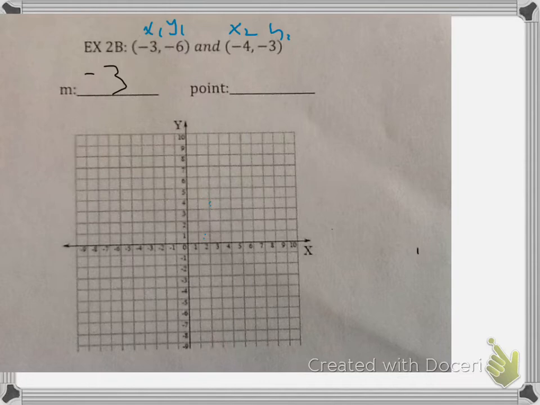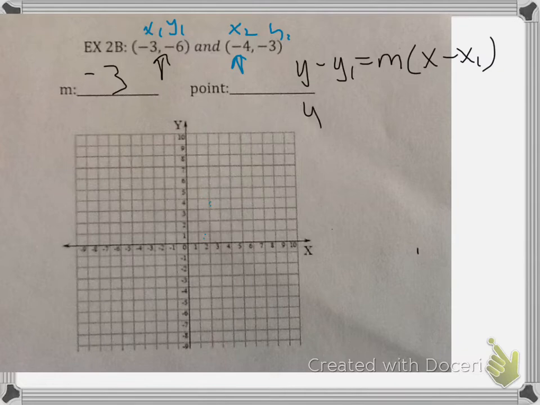All right, so here we go. We'll do this one in black like we did before, and we'll do this one in light blue or whatever. So we're going to say y minus y1 equals m times x minus x1. All right, so my y1 is -6. This is the one that we're using right here, remember? So that y1 is a -6, so we have to subtract, and then we have a -6. See, that's going to turn to a positive.